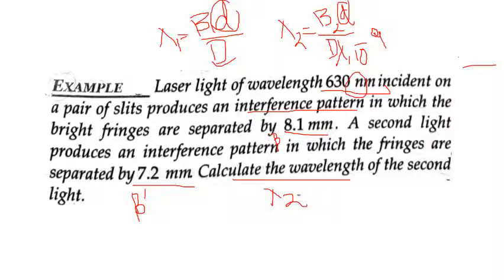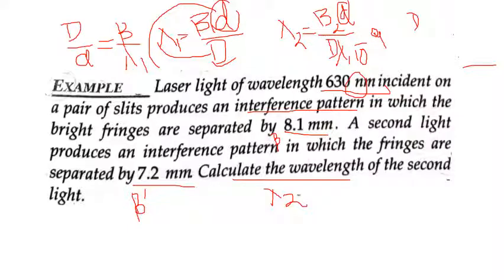So you can take the same part on one side and the variable part on the other. Let us say I take the same part on the left hand side, so I can write d by D equals beta by lambda 1. Similarly here I can write d by D equals beta dash divided by lambda 2. They have asked you to find this lambda 2.